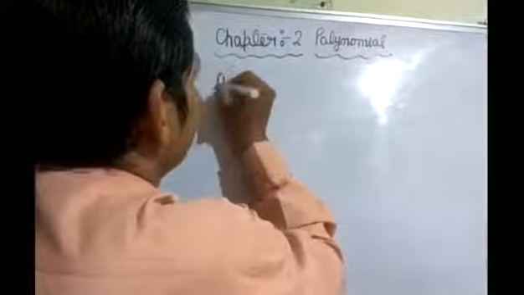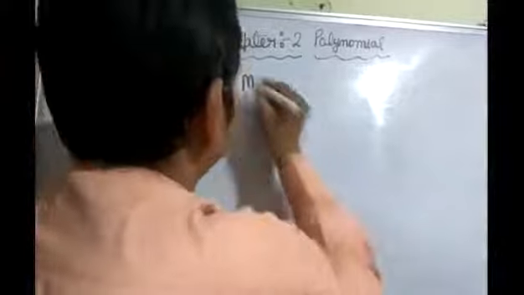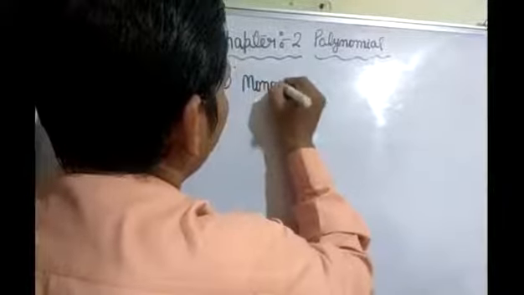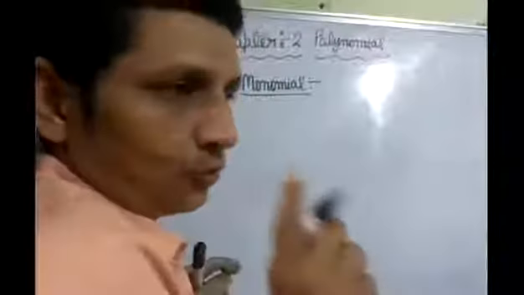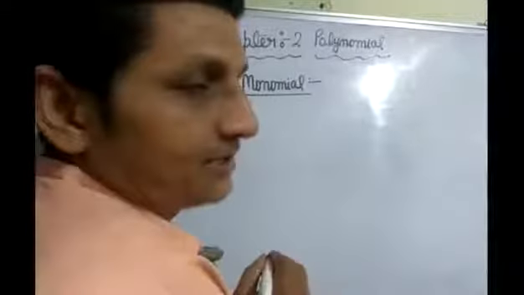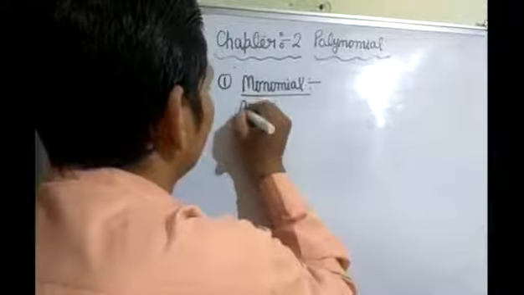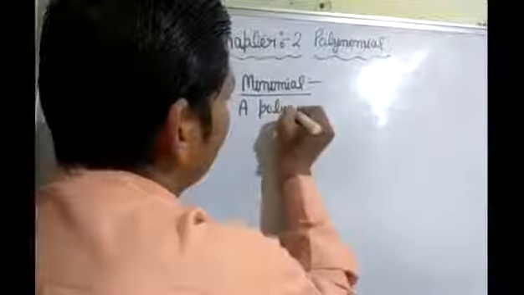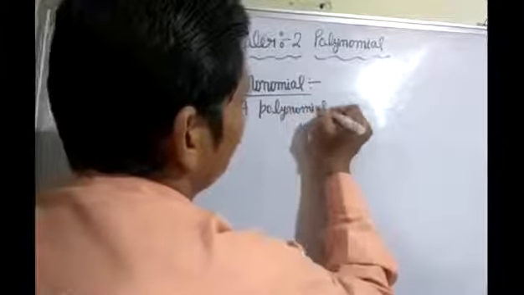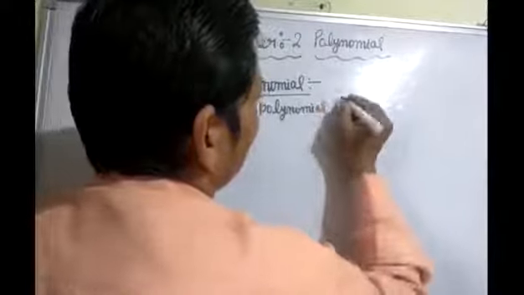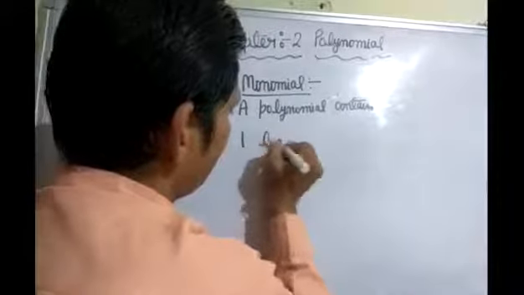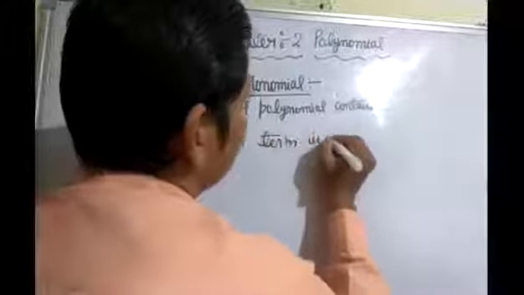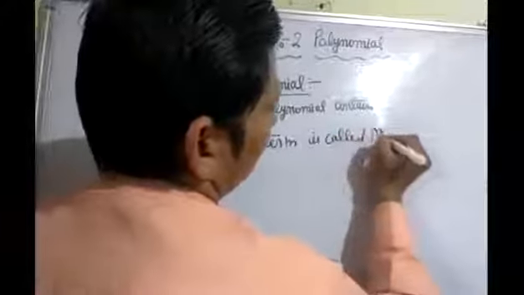So look here. Monomial. A polynomial having one term only is called monomial.